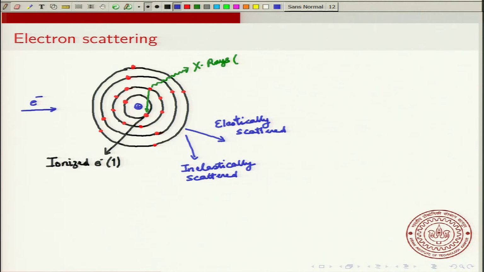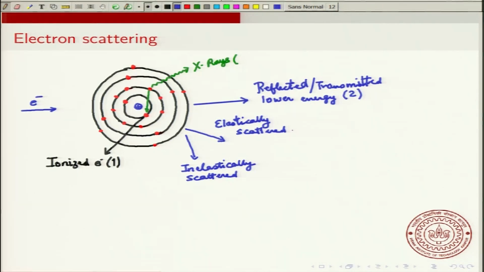So these are the diffracted electrons. Then you could have either reflected or transmitted electrons. Transmitted electrons might have a lower energy. So, I will label these as 2. I will label the elastically diffracted electrons as 3, and the inelastic ones as 3 prime.